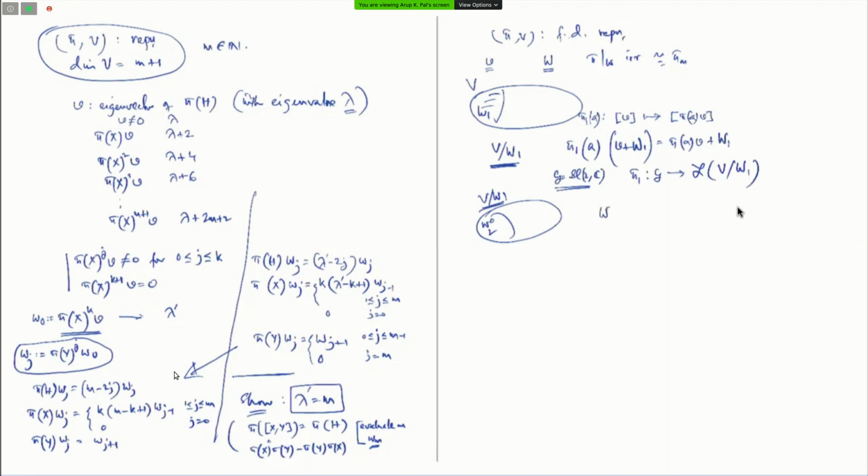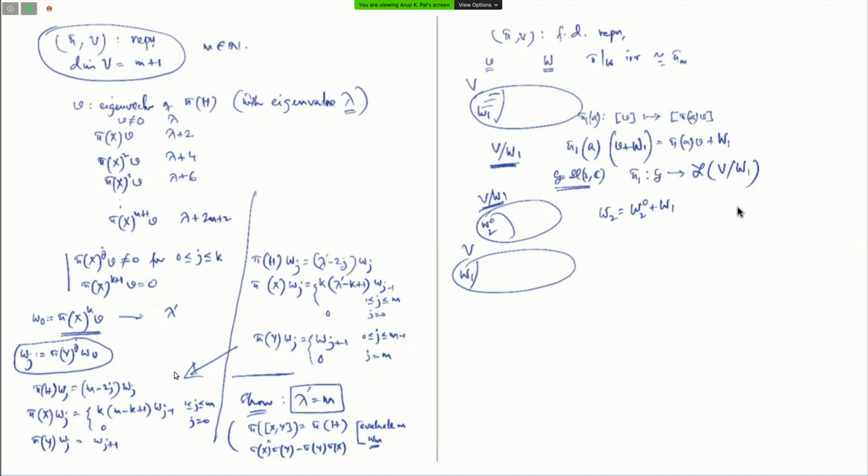And then let me define W2 by again quotienting. You're transferring everything to V. So on V you had W1. Now V quotiented by W1, there you had a subspace W2 naught.